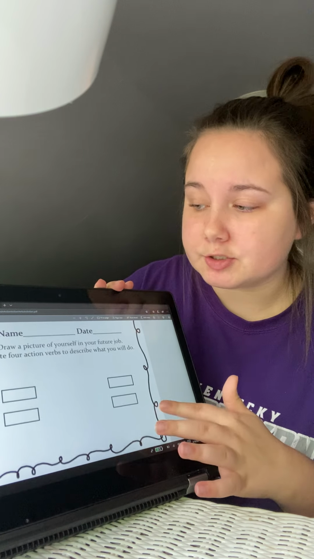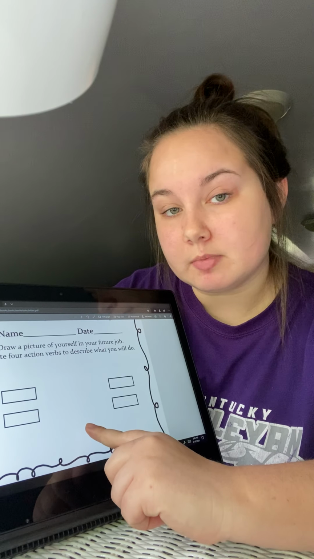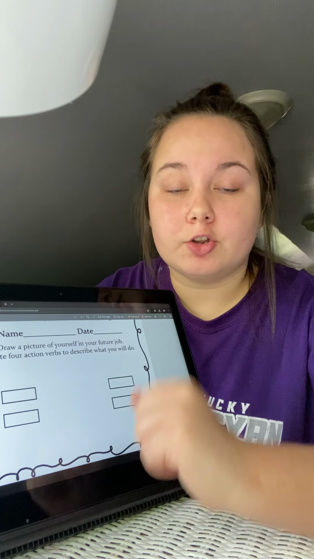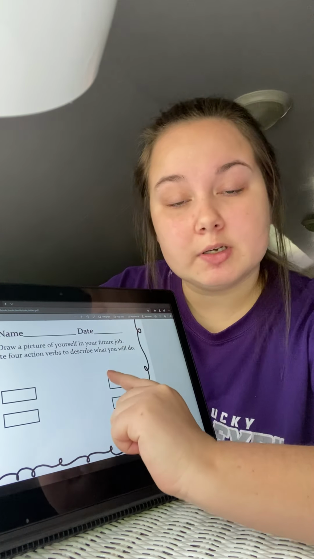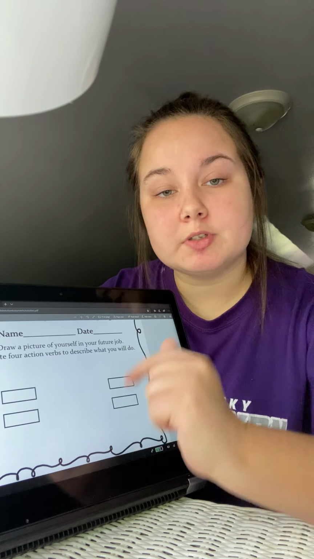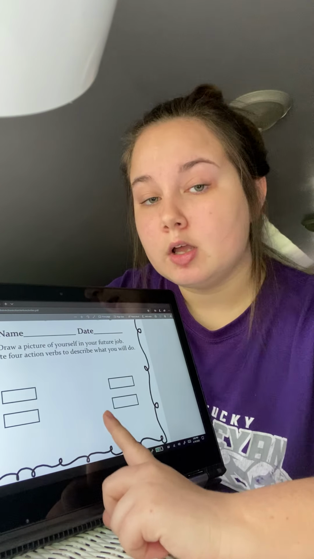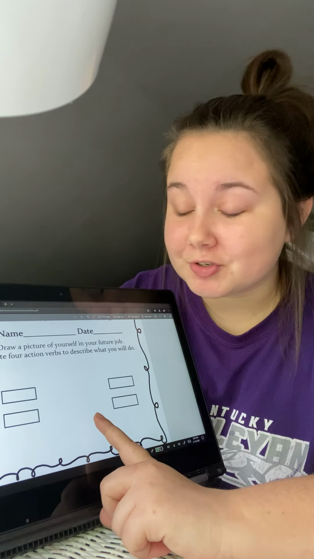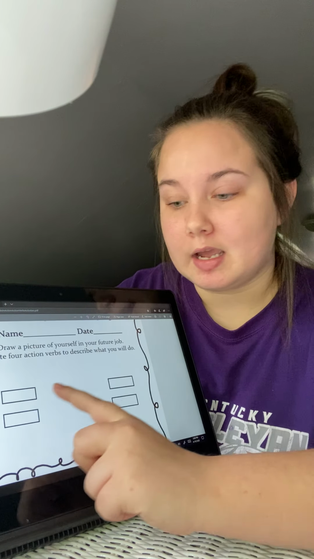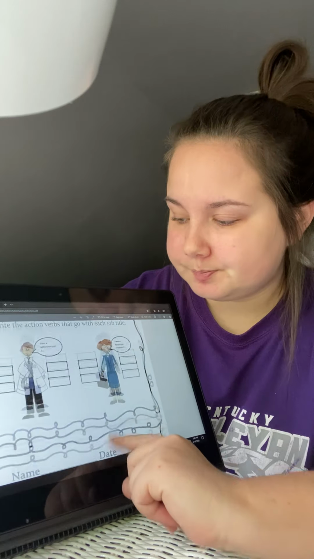But the last page, what I want you to do is you're going to draw and color a picture of yourself here in the middle. So then you're going to write what you want to be when you grow up. And then you're going to use these boxes to put verbs to describe the job that you want. So again, you're going to draw a picture of yourself, put what you want to be, and then put 4 verbs that describe what you want to be.